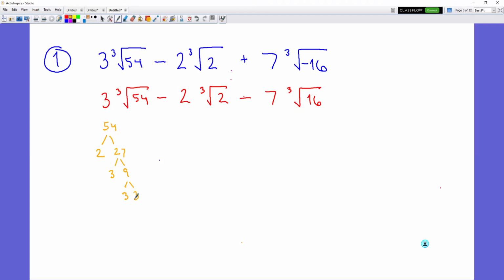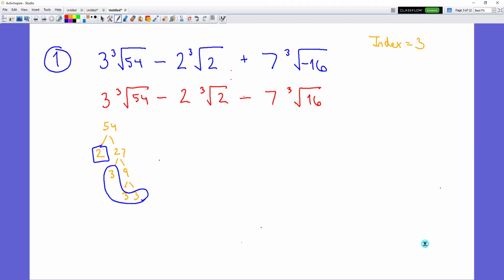Because we're looking for a cube root, since our index is 3, that means that we can circle a group of 3s. So let's go ahead and circle this group of 3s right here. And then the 2 gets a box because it's untripled, so to speak. It can't be grouped.